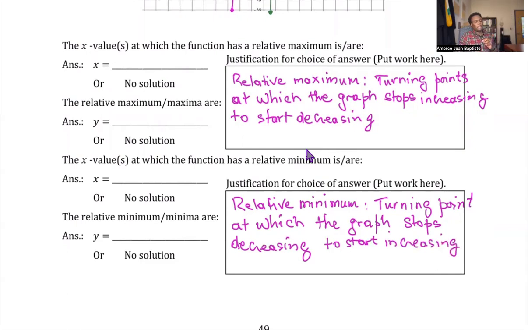So now, increasing and decreasing, you see movement in that, right? But the point at which you have this transition is either a maximum or a minimum.